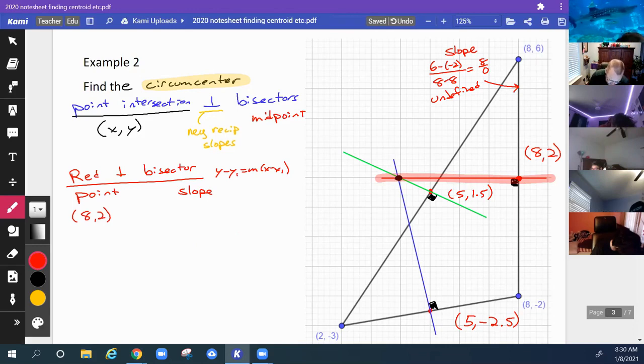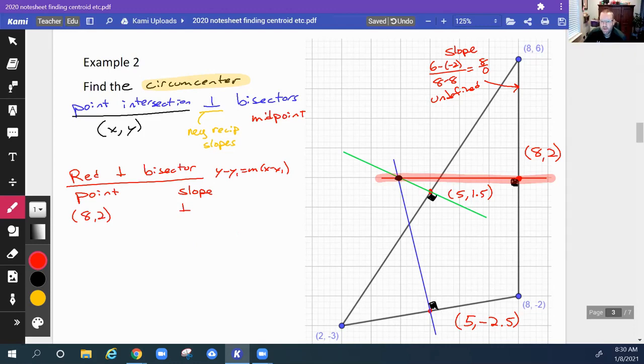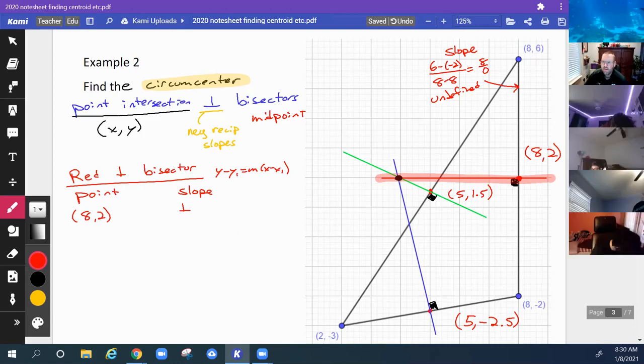So that means the perpendicular slope is going to be, this is where it throws a lot of kids off, 0. If this slope is undefined, the perpendicular slope is 0, because they are negative reciprocals.